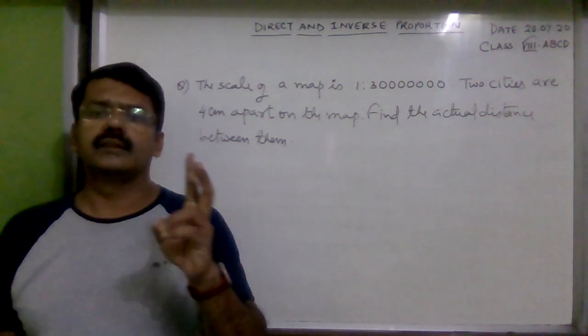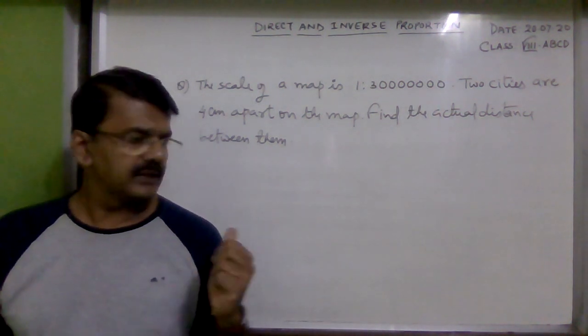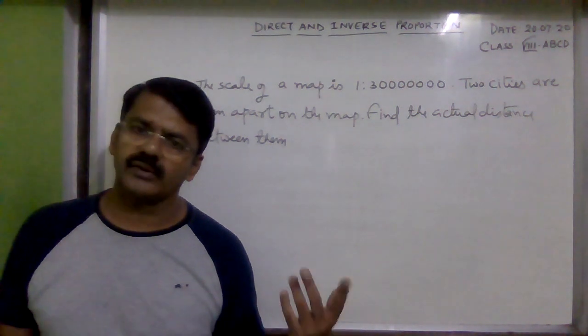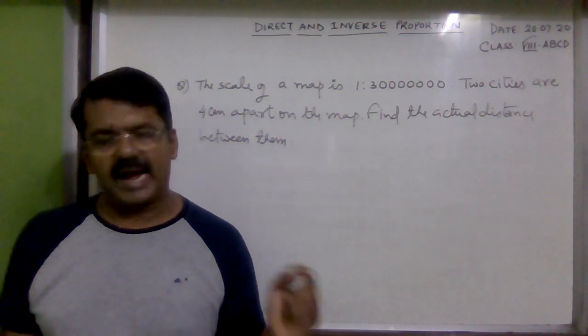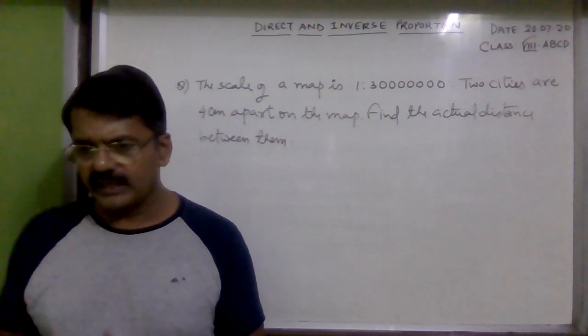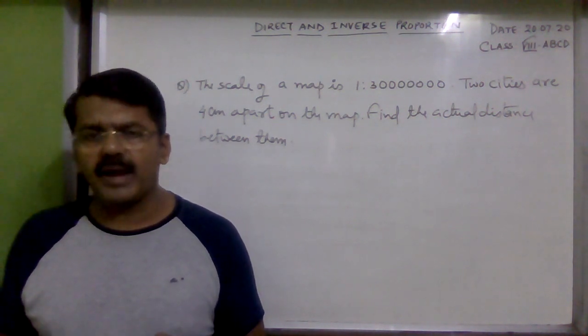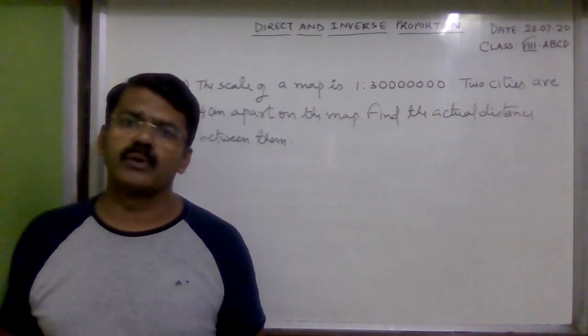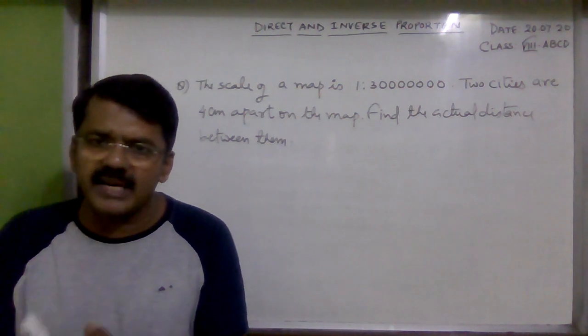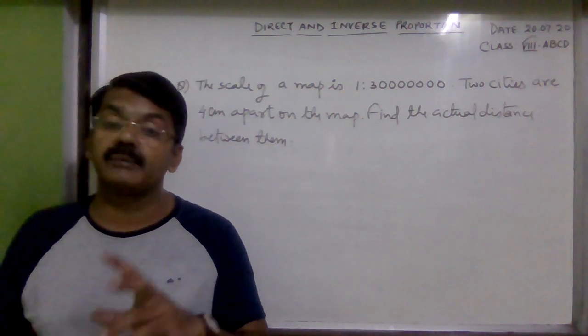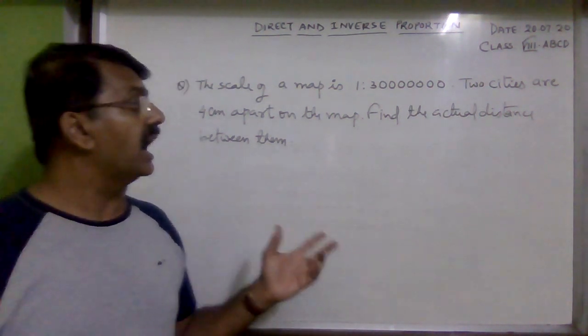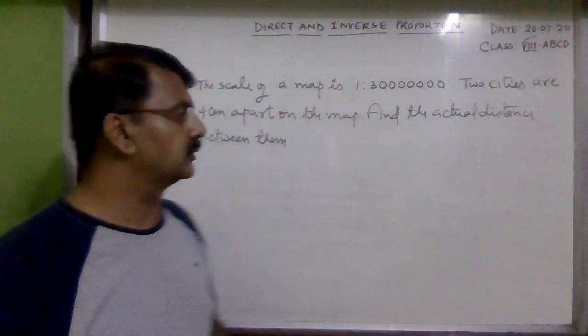Now here the two quantities are the distance on the map and the actual distance. If the distance on the map is more, then the actual distance will be more. If the distance on the map is less, then the actual distance is also less. That means the two quantities here are in direct proportion.